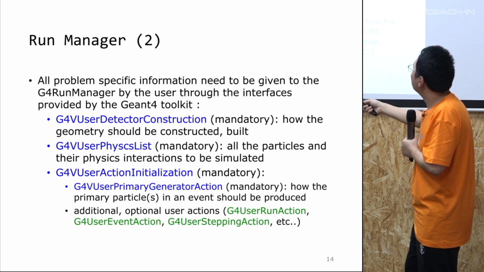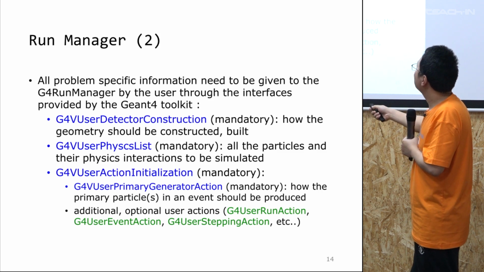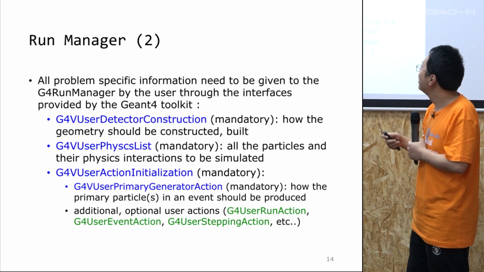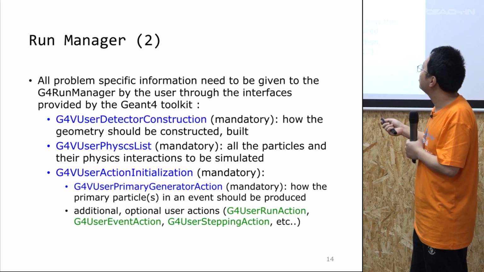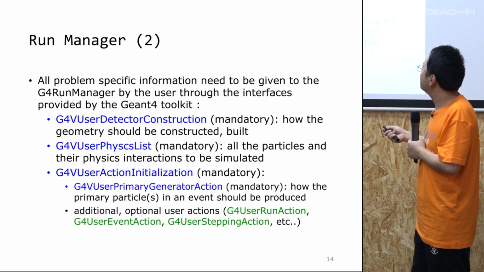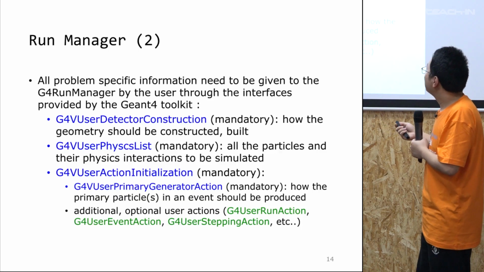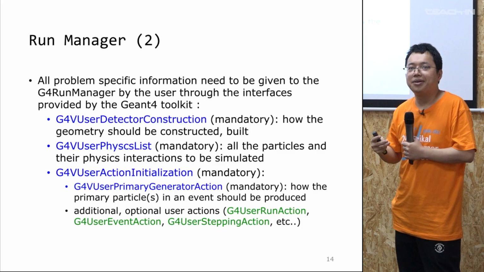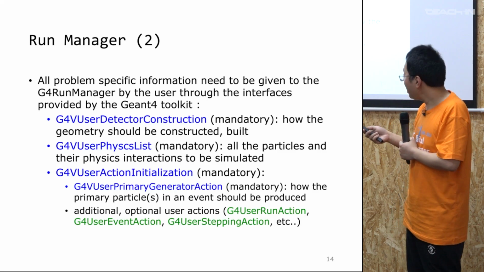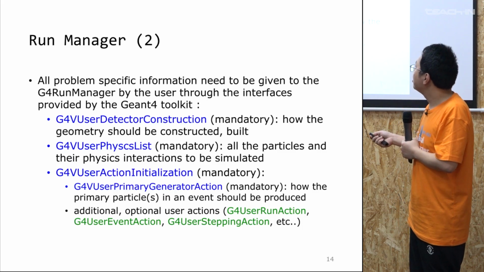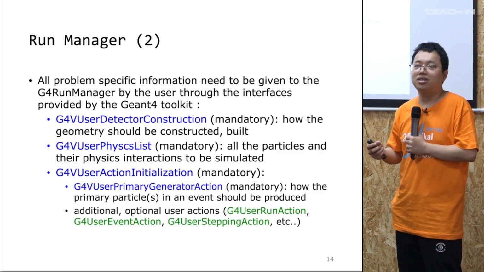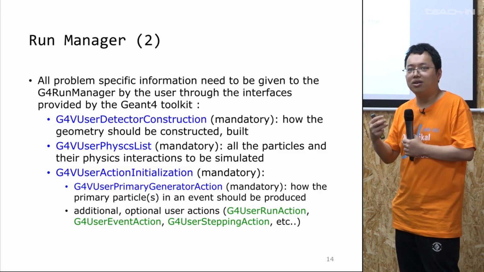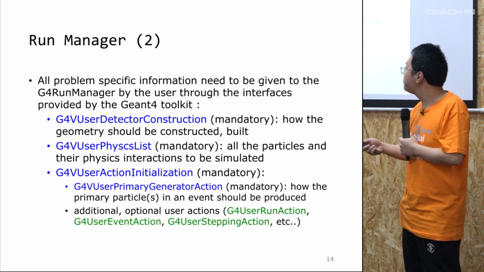For example, the user detector construction is used to construct the geometry, and the physics list is used to set up all the particles and all the related physics. And then the user action is very important. It provides the interface for users to get all the necessary information.